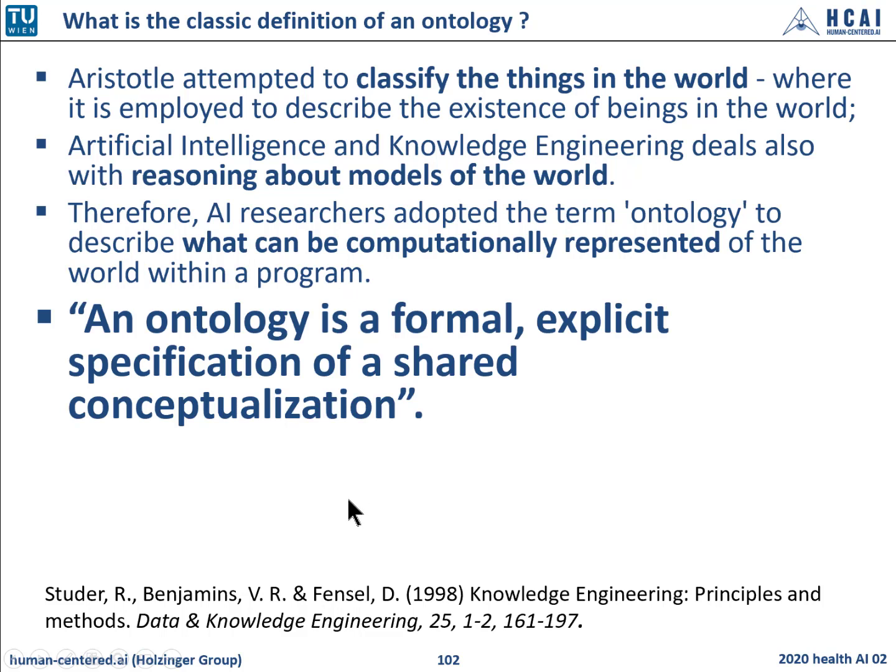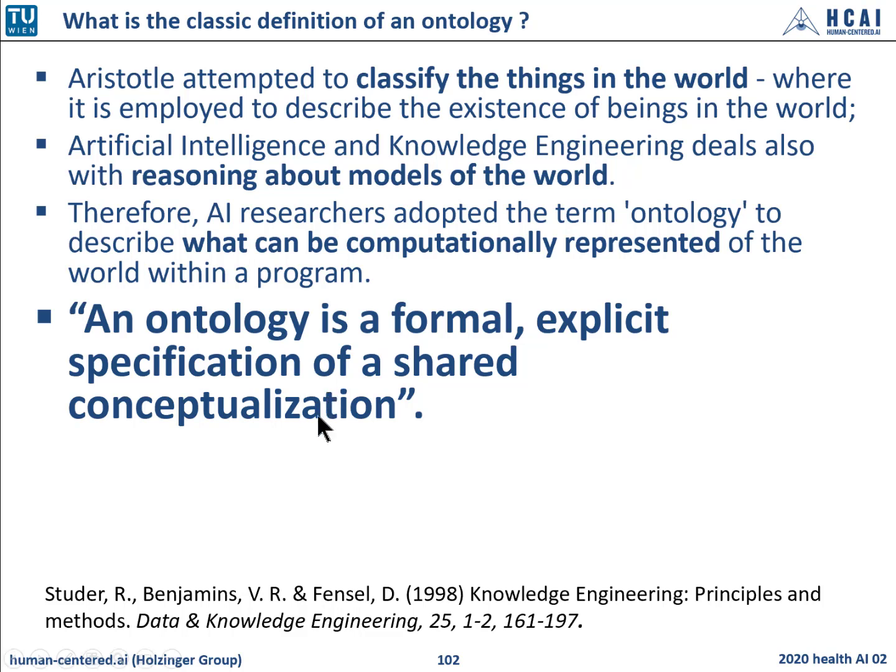And this is now the classic definition. This goes back to Studer, Benjamins and Fensel in 1998, knowledge engineering. An ontology is a formal, explicit specification of a shared conceptualization. And this is really very useful, because other relations reflect the domain semantics and formalize the terminology in this particular domain, and the terminology again contains the terms and their definitions and usage in a specific context.